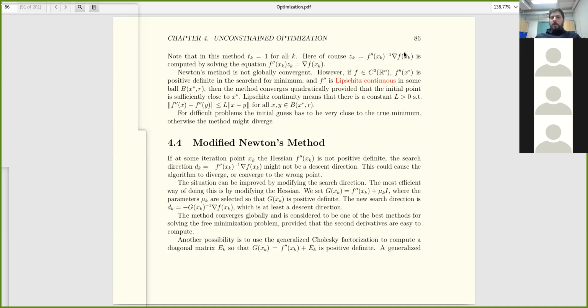There are issues here. Whereas the gradient method does converge globally, so we get to a point where the gradient method will bring us into a critical point, which is the zero of the gradient, the Newton method has some issues in it. It's not globally convergent.